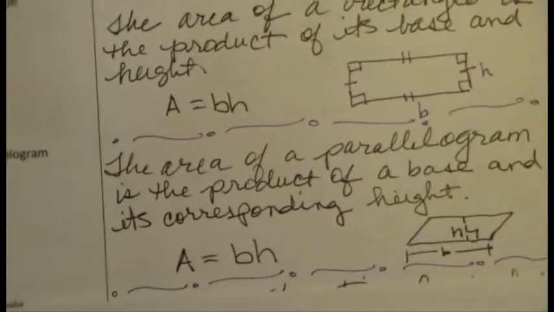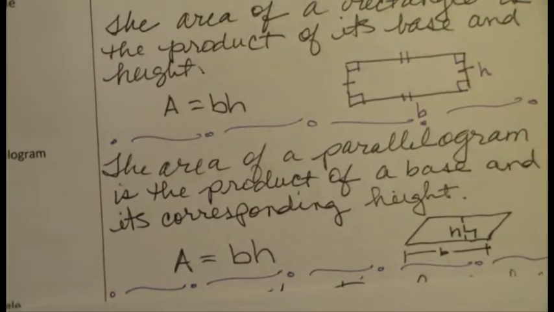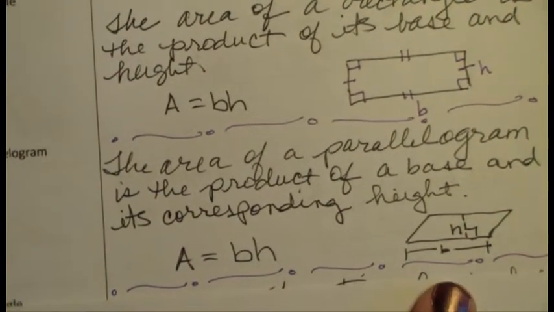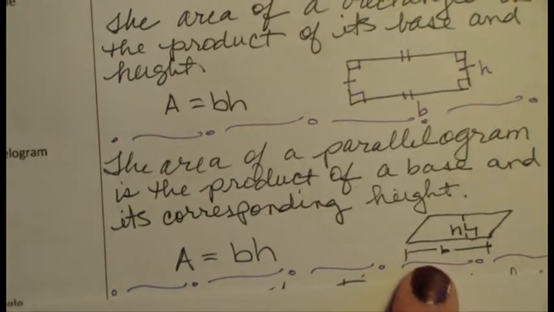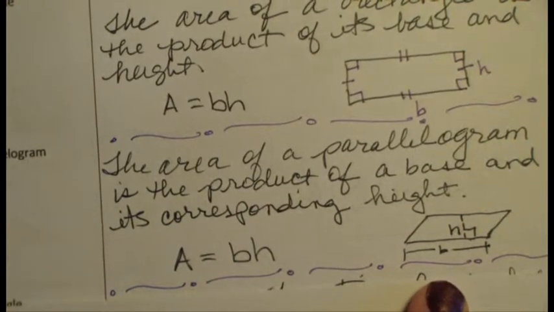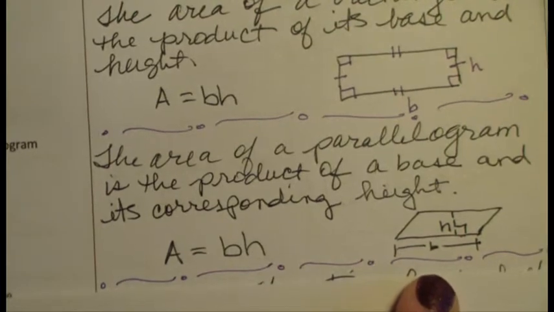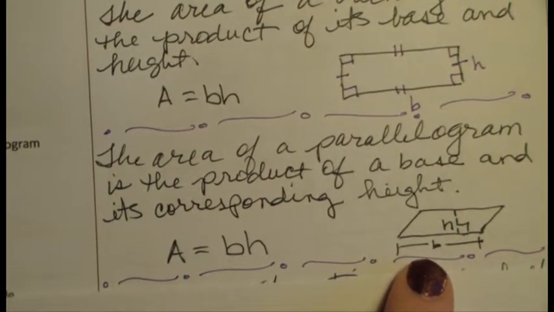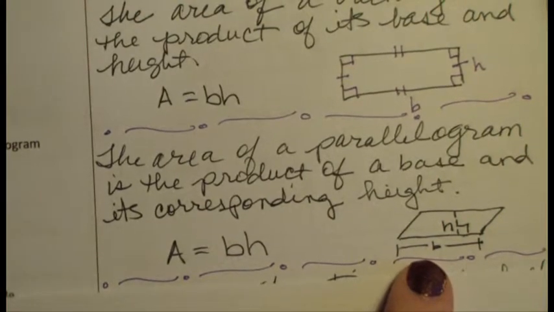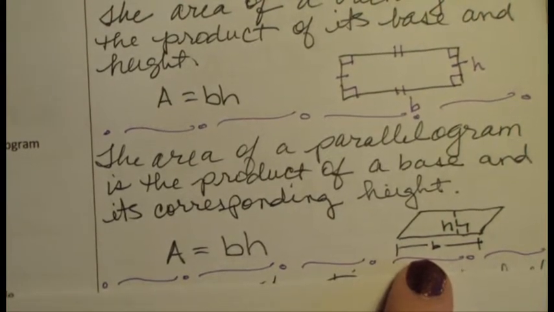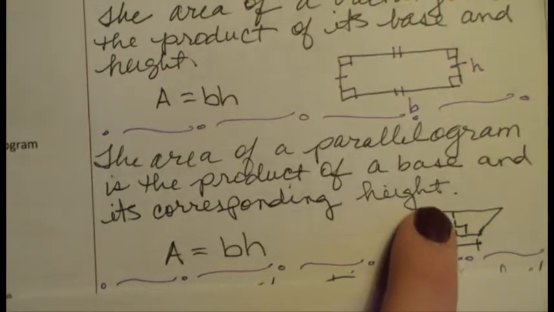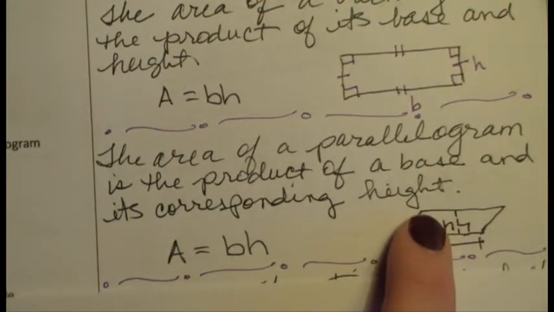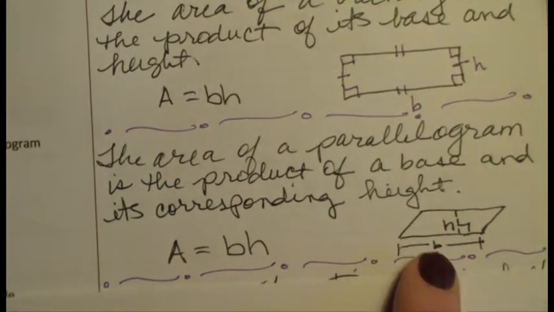All right, so the area of a parallelogram. A parallelogram has two pairs of parallel sides. Now when we're looking for the height of a parallelogram, you take a pair of the parallel sides, and the height is going to be the perpendicular length between those two parallel sides.